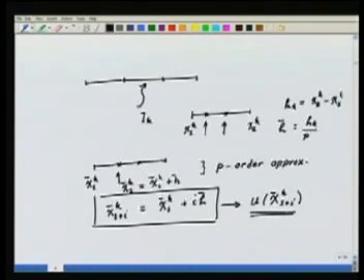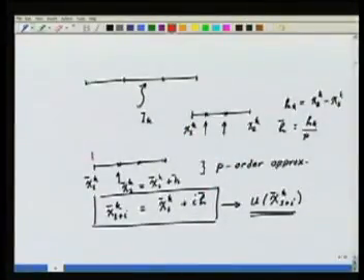Now, but we also know that if these are the exact solutions, how do I compare these point values with my finite element solution? By the construction of our shape functions, we know that these points also correspond to u1 of k, u2 of k, u3 of k, u4 of k, and so on.